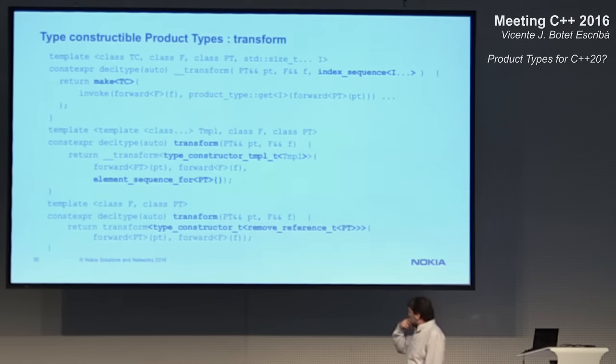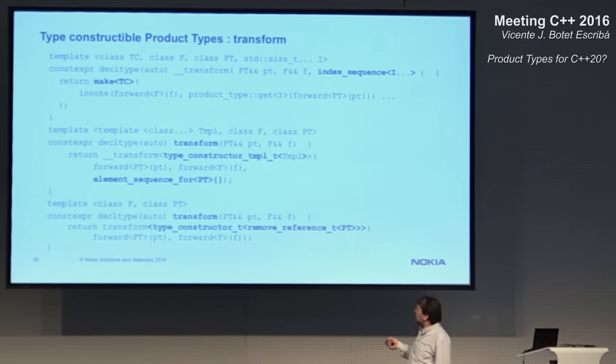Then let's look at how this transform function could be defined. We define transform so that we have two definitions, even though there is yet a third interface, on which we take a template, and we will use an auxiliary function transform that will take a type constructor. If the product type itself is type constructible, we can use it also.